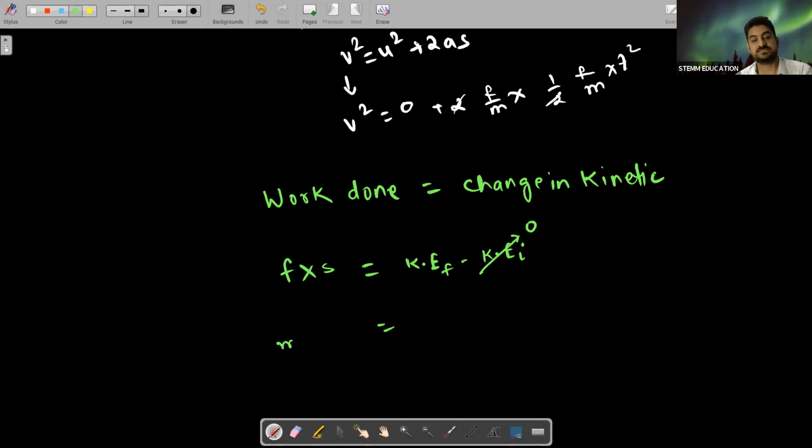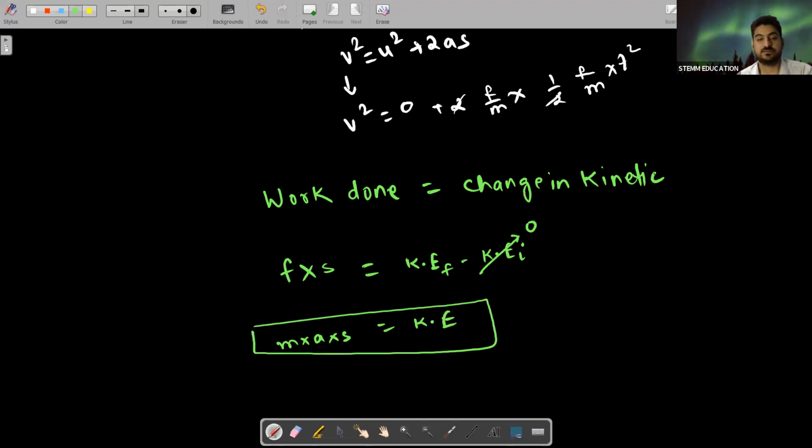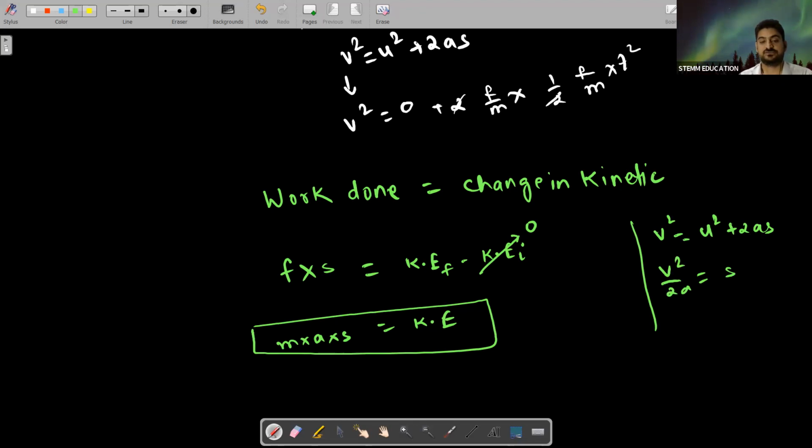Force is equal to mass into acceleration into displacement is equal to kinetic energy, right? Also, we have v squared is equal to u squared plus 2as. So v squared over 2a can be written as s.